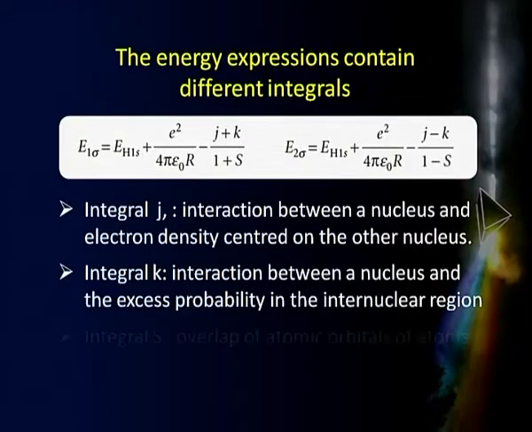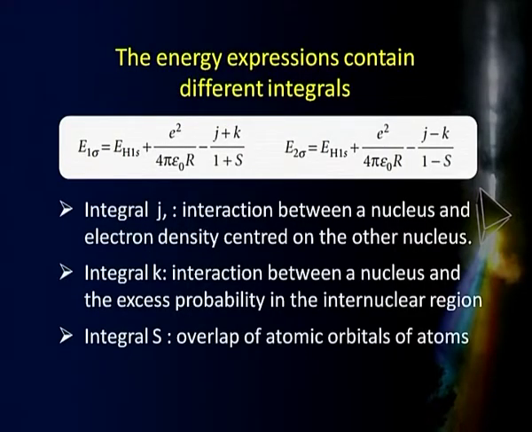Suppose two hydrogen atoms come together with their 1s orbitals. When the two come together, the 1s orbitals overlap. When they overlap in the internuclear region, there is an increase in the electron probability, or electron density, over there. The interaction between a given nucleus and this increased electron density is manifested in the integral called k. The third integral, s, is called the overlap integral.